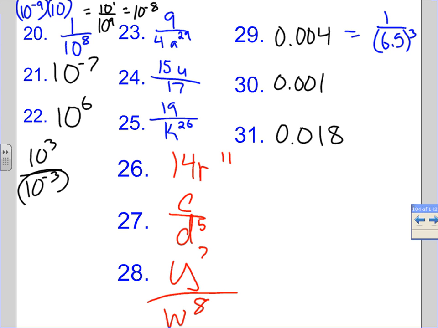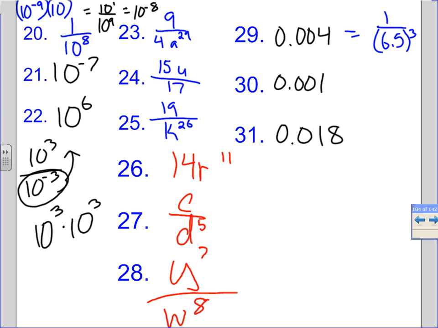You'd have 10 to the 3rd times 10 to the 3rd. When you multiply same base, add the exponents, and you get 10 to the 6th. That's a very confusing problem.